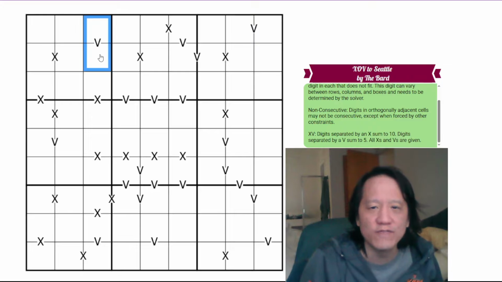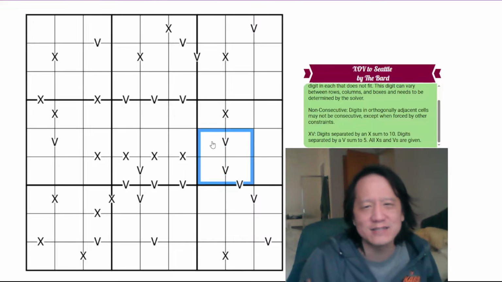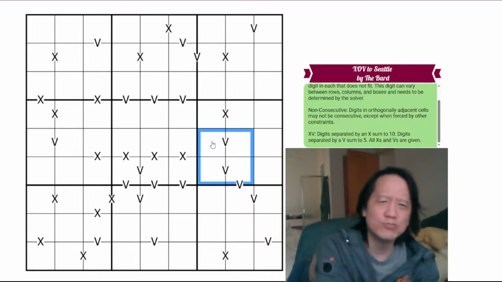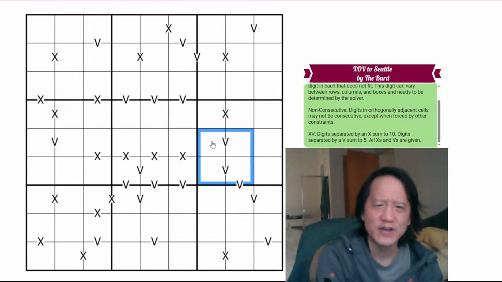Oh, that's when the 'forced by other constraints' is in play. So you could have 3 and 2 with the V, but that means you can't have it. That's such a weird constraint. I don't know if I like that.